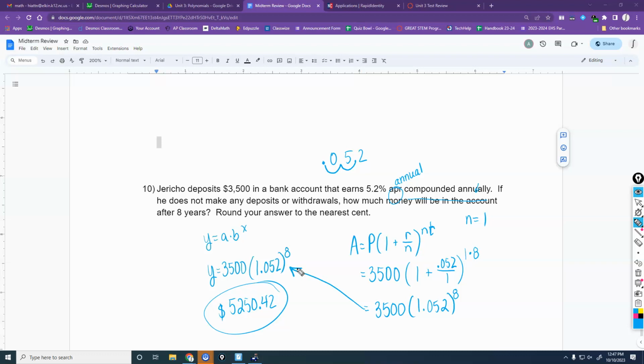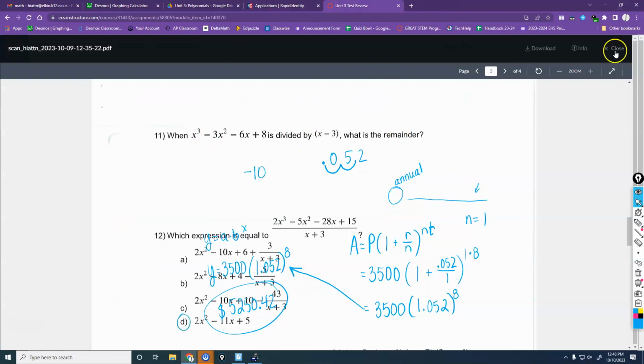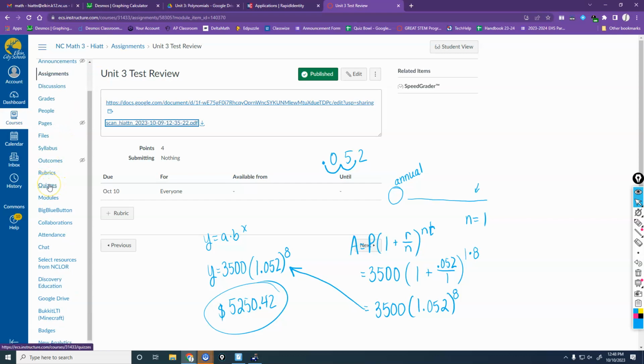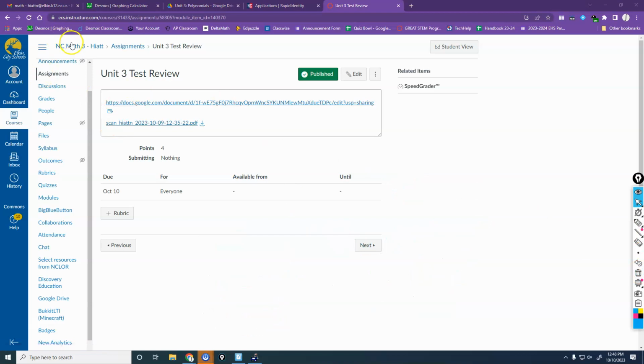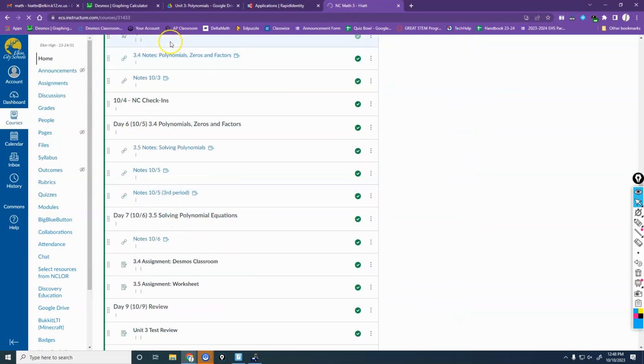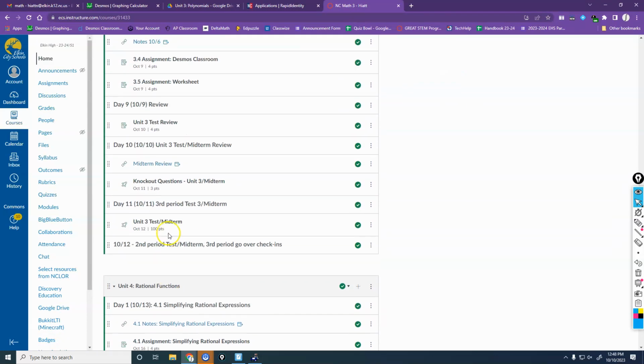Alright, so we're going to play a game. I'm going to go in here and change this because we don't have a ton of time. On Canvas, so you'll need your computers for this for sure, there is an assignment that says Knockout Questions, Unit 3 Midterm.